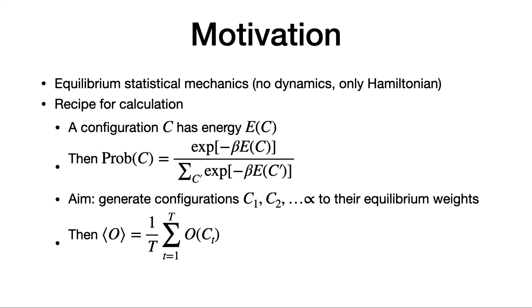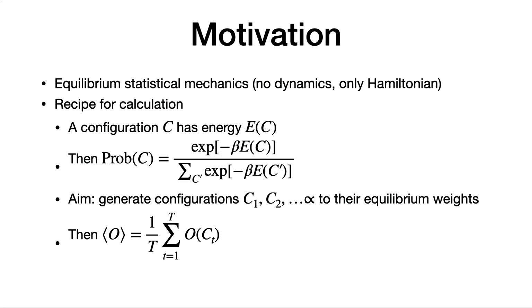So what is the motivation? Let me go through one more time. In equilibrium statistical mechanics, we have no dynamics, only the Hamiltonian is given. You have an interacting system and the interactions between the particles or constituents are given.